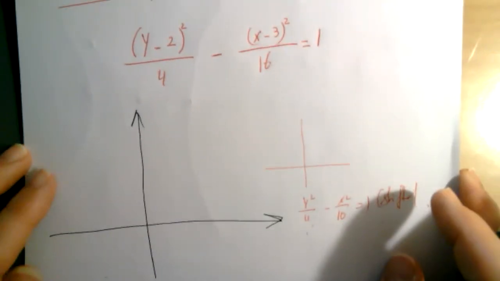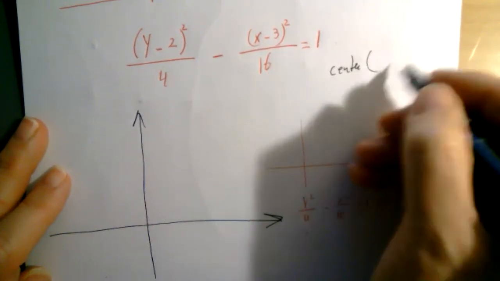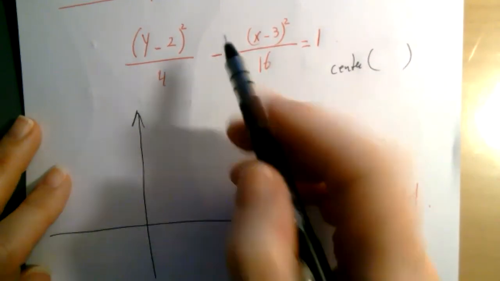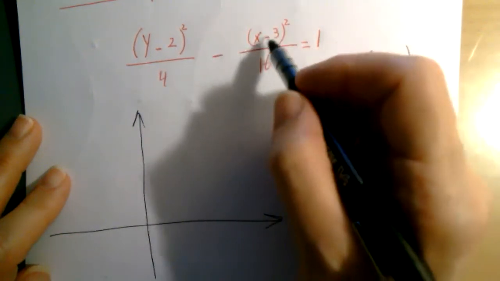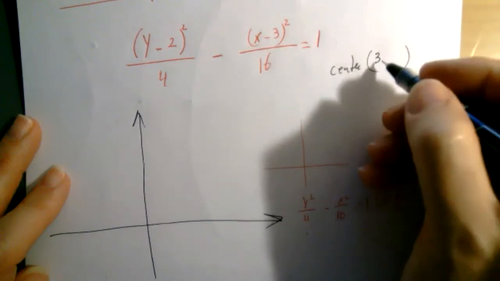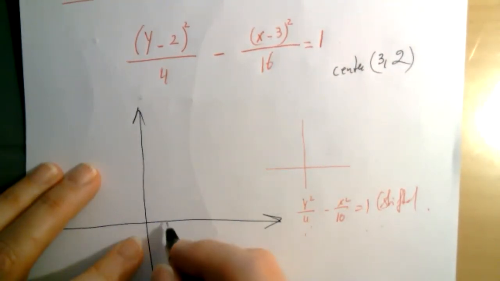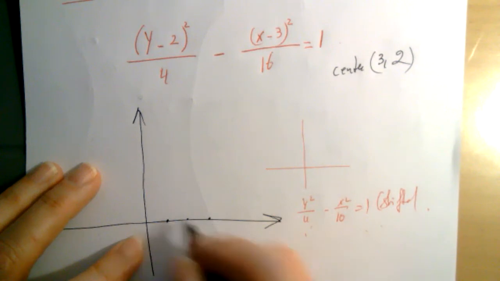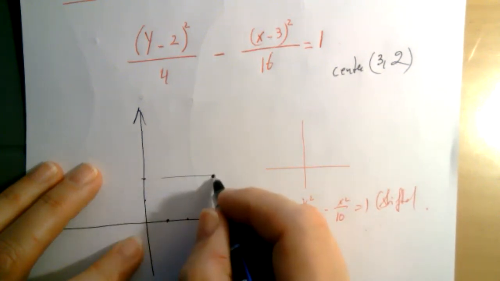All right. The center, so before we start finding everything, let's go through the center. Because I have a minus here and I have a minus here, it's going to be 3, because x minus 3 squared, and 2, because y minus 2 squared. So the center, that's 3, 2. 1, 2, 3, 1, 2. So this is the center.